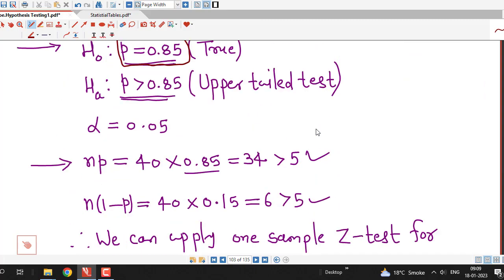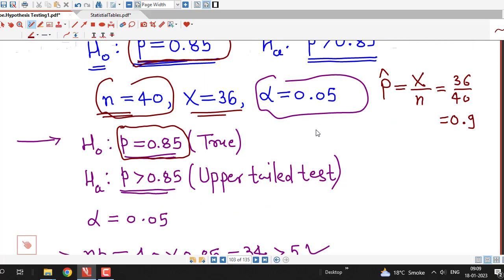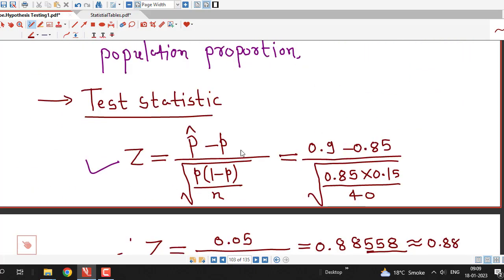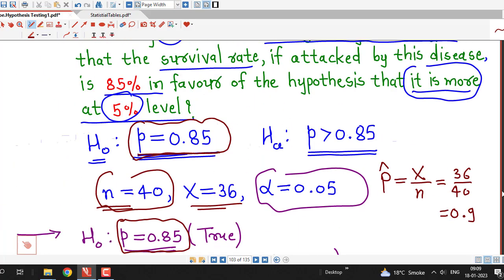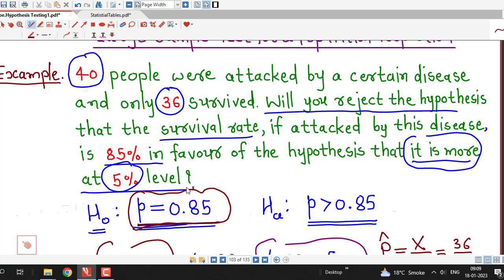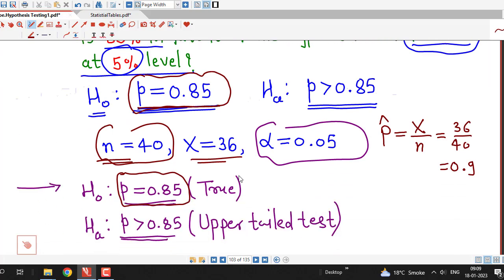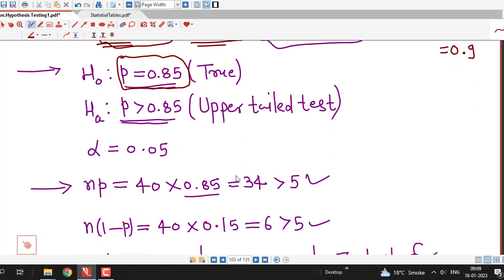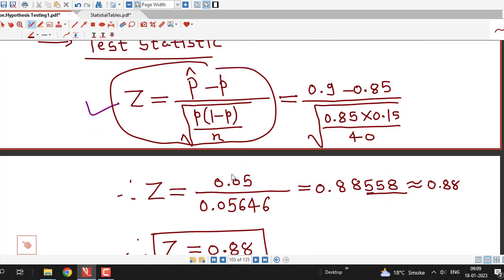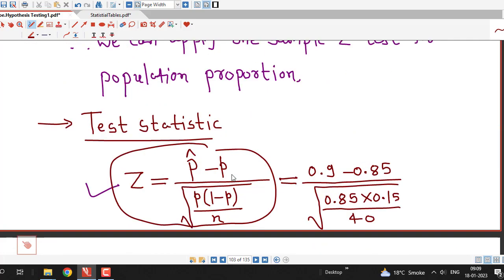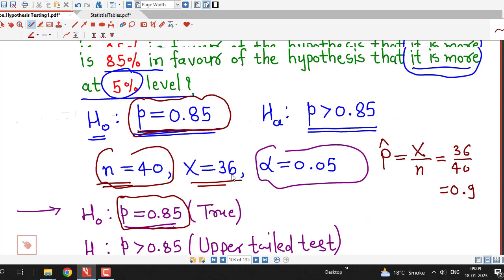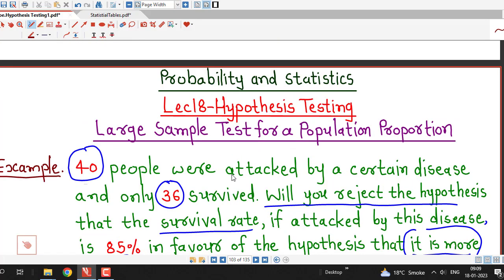So this is a nice problem. All you have to remember is this formula for the test statistic, and you must be familiar with all these terms: population proportion, sample proportion, capital X. You must be familiar with all this terminology, and the remaining procedure for hypothesis testing is the same from lecture number 1 to all the lectures which we have discussed and which we are going to discuss.